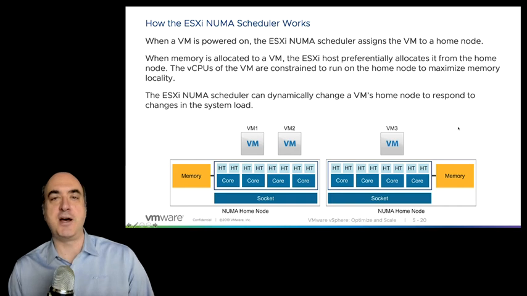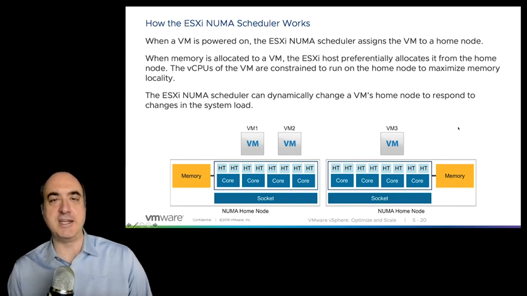When a VM is powered on in a NUMA environment, the VM is essentially assigned a home NUMA node. So here, VM1 and VM2 have been assigned the NUMA node on the left as their home NUMA node, and VM3 has been assigned the NUMA node on the right.